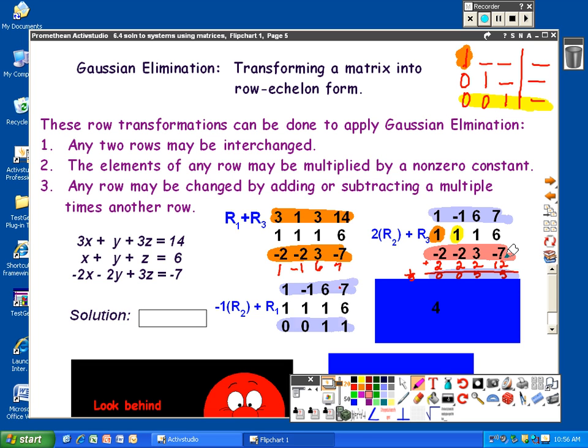And I get row 2 times negative 1 would be a negative 1, a negative 1, a negative 1, and a negative 6. So that gives me 0, 0, 0, 0.